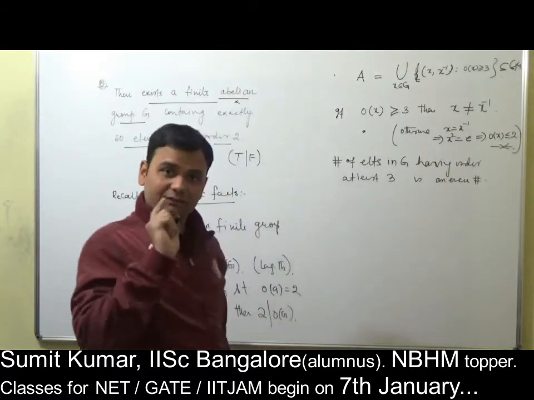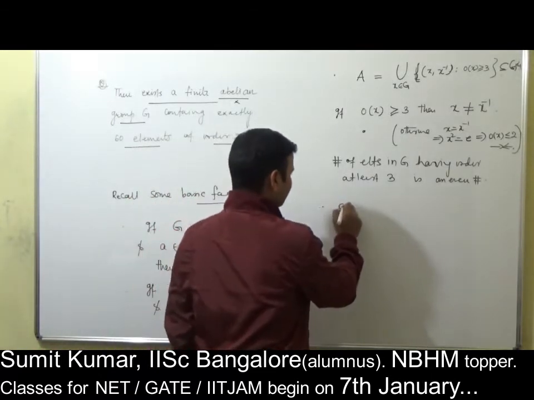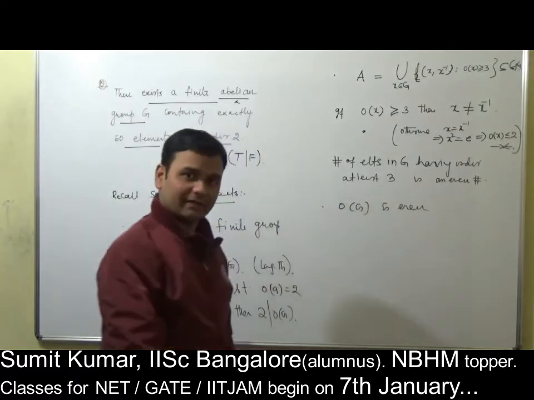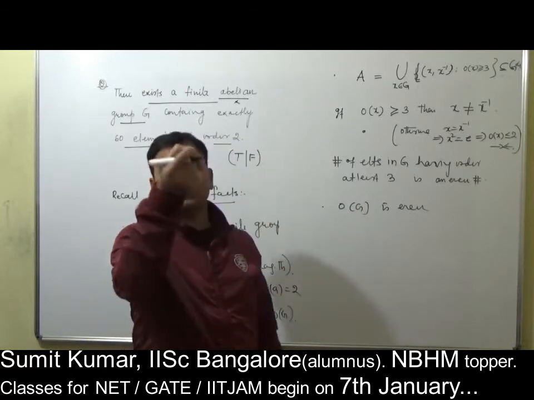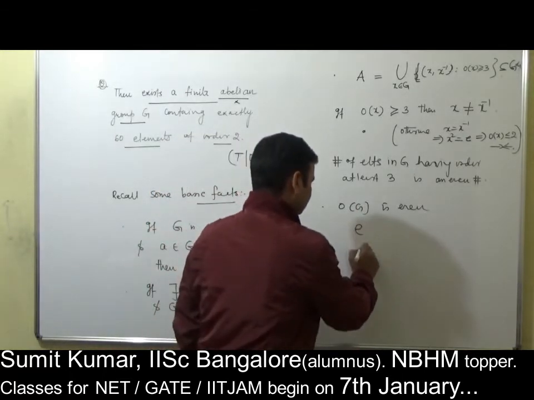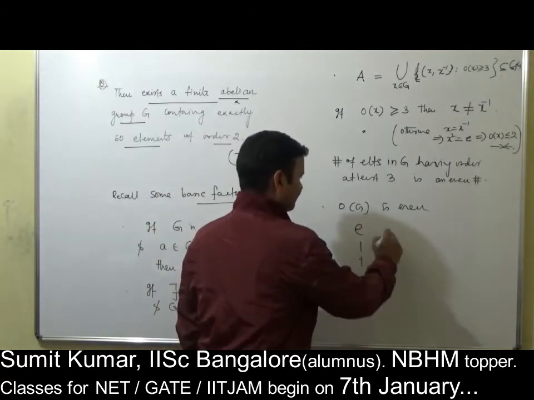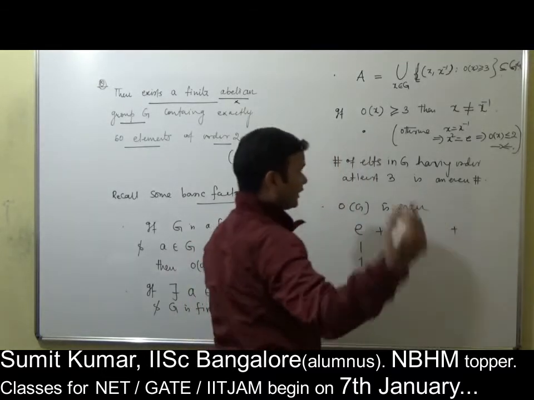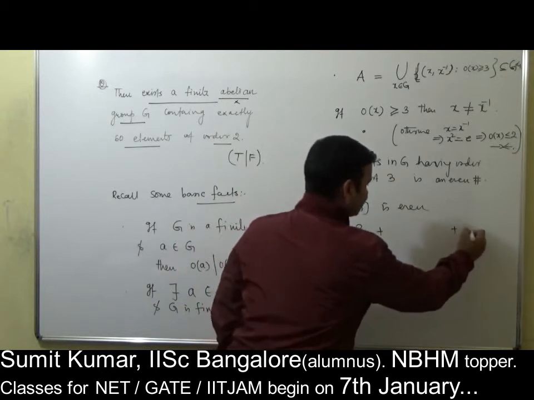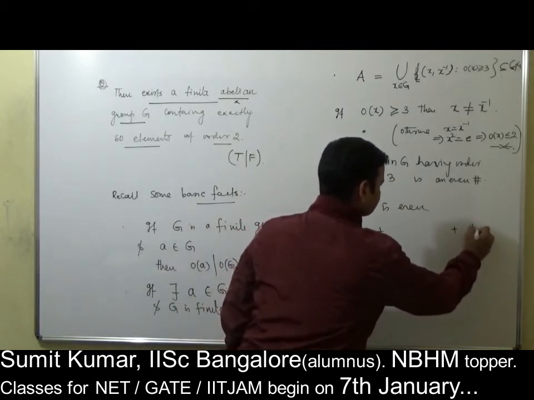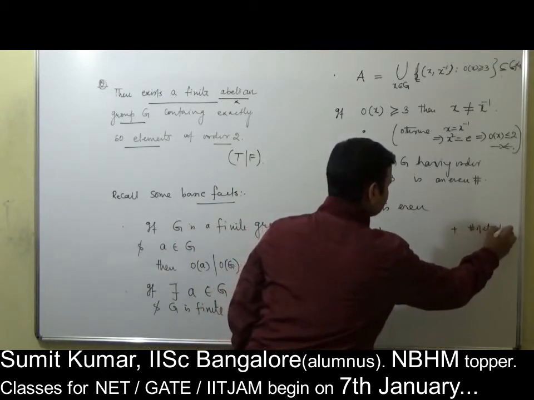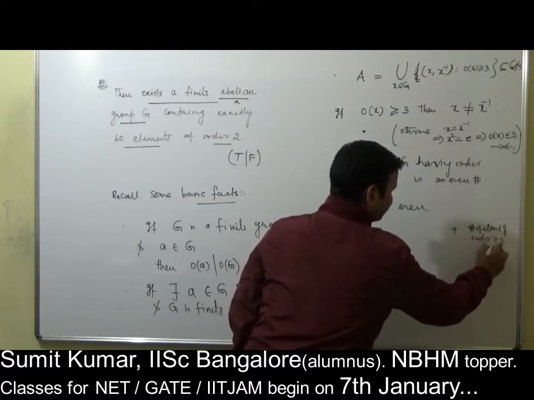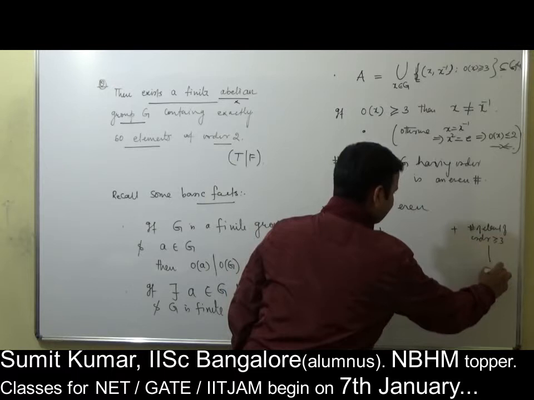Now the order of G is even, this is given. The order of G is an even number. The identity element has order 1, plus the number of elements of order at least 3, which is always an even number.